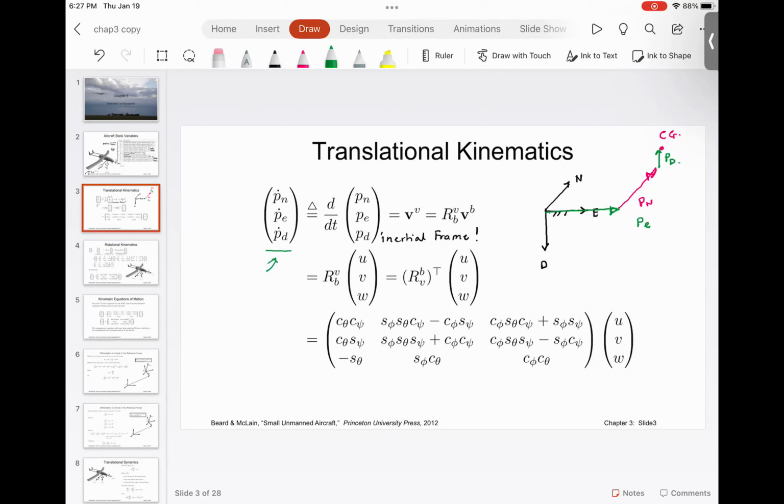So I will write this equation just for clarity here.